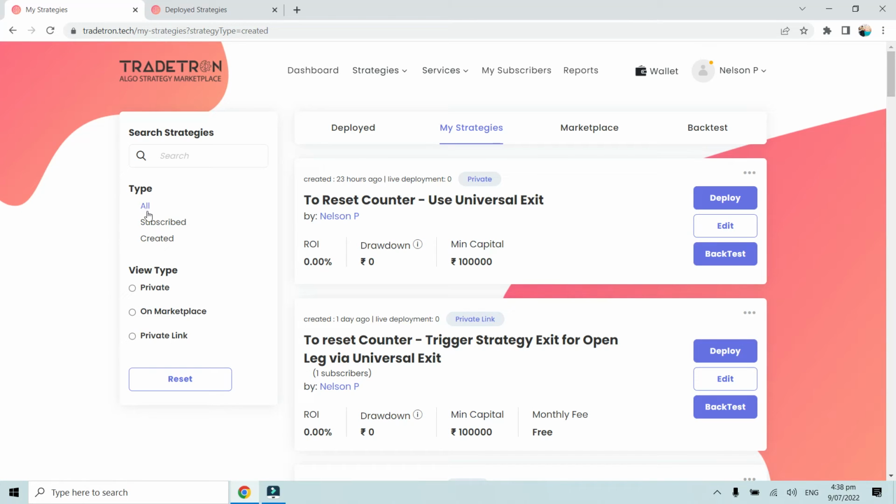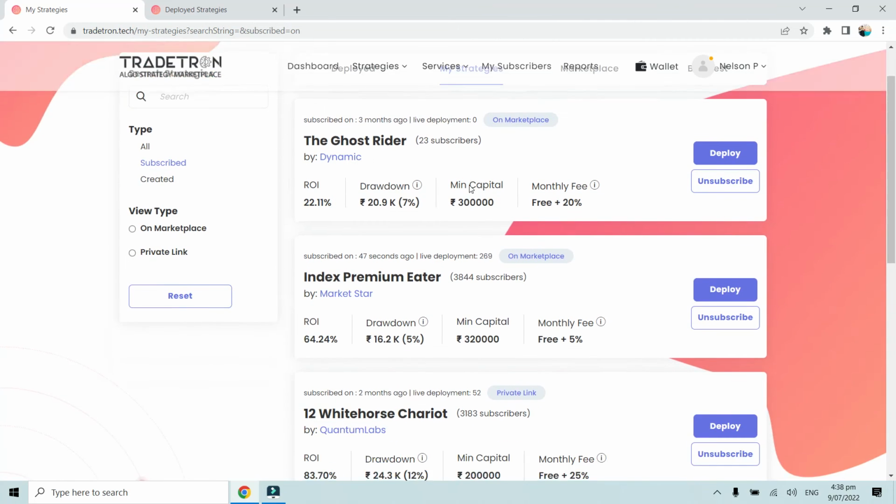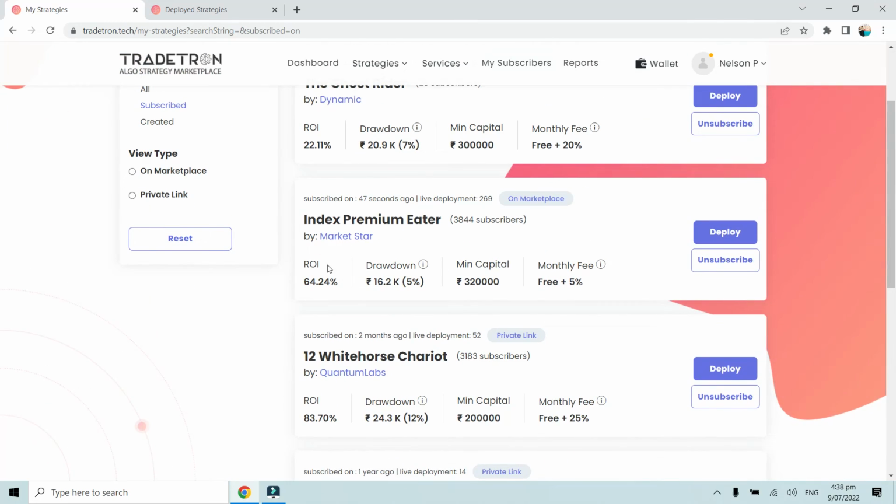All the strategies will have your own as well as subscribed strategies. You can filter by created, that is your own created strategies, and you can filter by subscribed strategies. So in this case, we will just go to the subscribed strategies. Over here, you will see that these are the different strategies that we have subscribed. And as you can see, this is the strategy that we just subscribed 47 seconds ago, right? So this is the strategy that we subscribed right now.